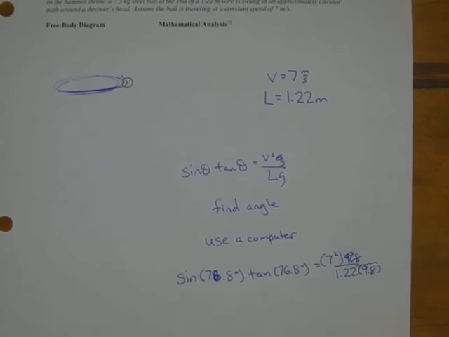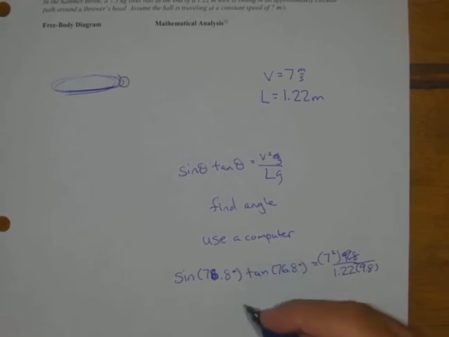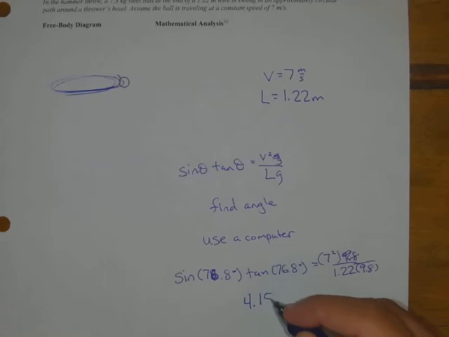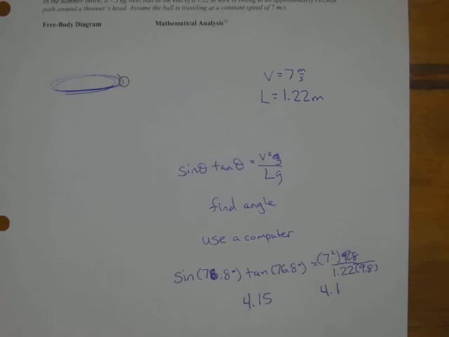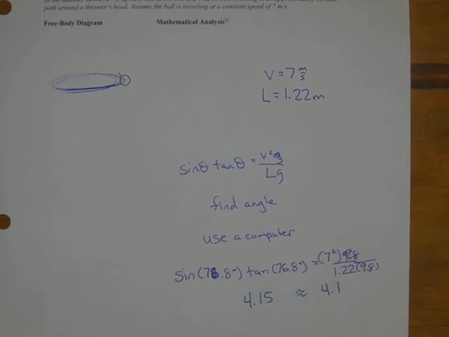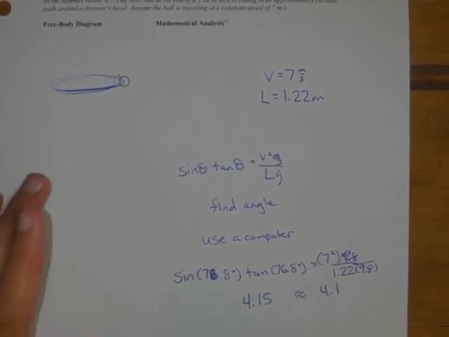Okay, so now try. And on the left-hand side, I get 4.15, and on the right-hand side, I get 4.1. Okay, so those are approximately equal to each other. This might actually be closer to 76.7.